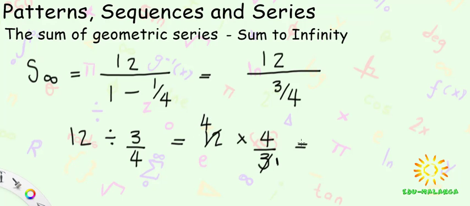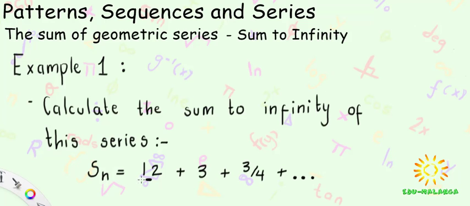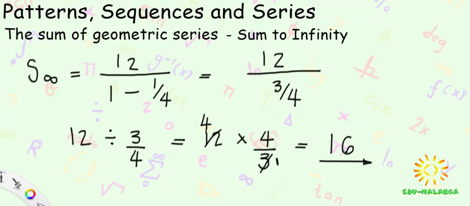So in the end we have 4 times 4, which is 4 squared, and that's equal to 16. So the sum to infinity of this series, 12 plus 3 plus 3 over 4 and so on, is equal to the number 16. That was easy enough to solve, right?